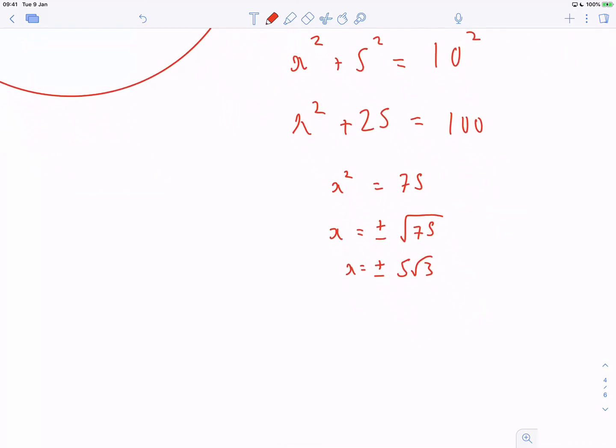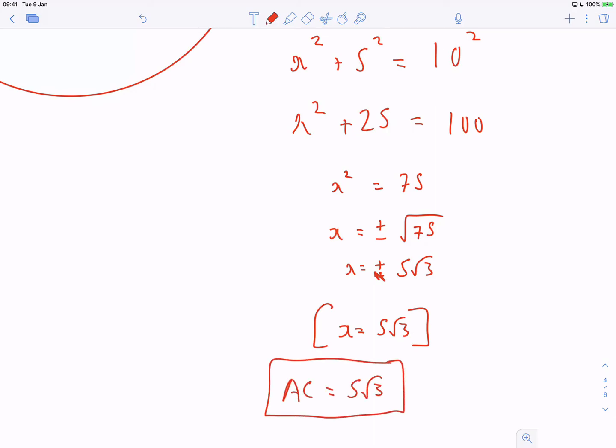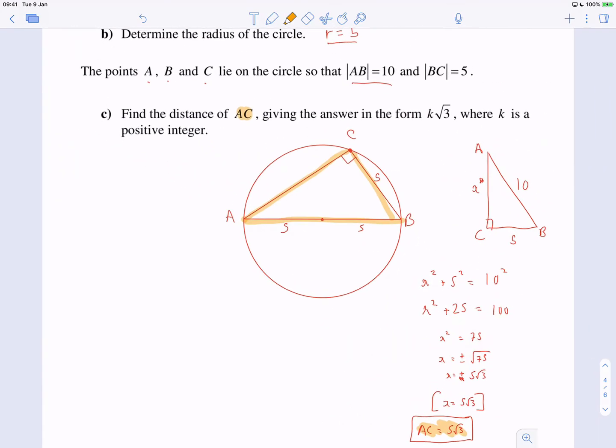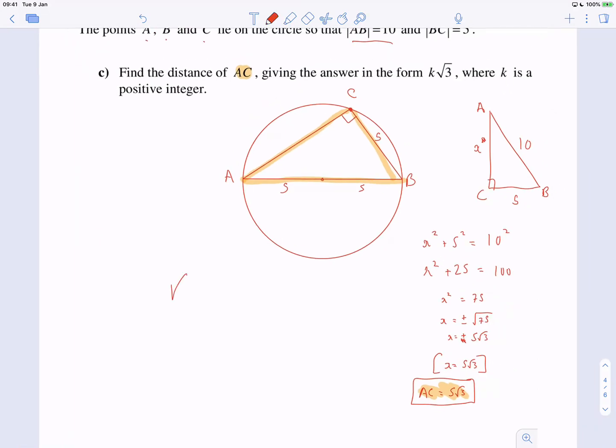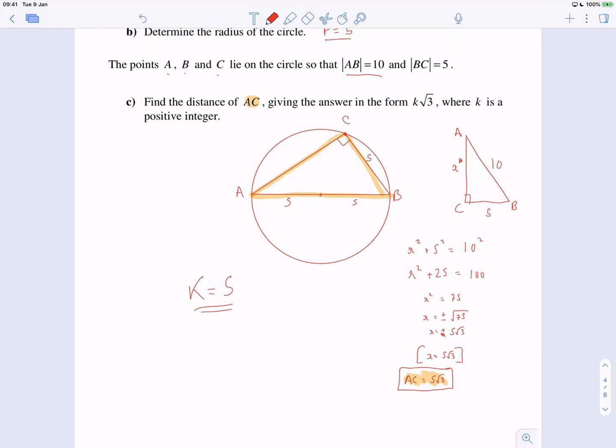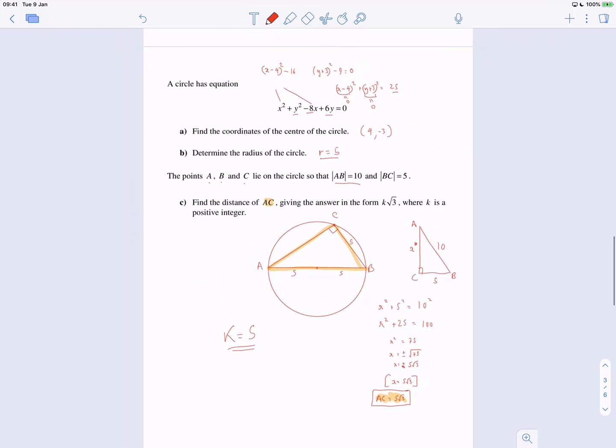Now, because we're dealing with an absolute length, we don't want the negative value, so x is just going to be 5 root 3. And x is AC, so we now have 5 root 3 as your final answer. Okay, was that it? k root 3, well, k in this case is 5, so k equals 5. Lovely, that's it. Okay, let's try a couple more.